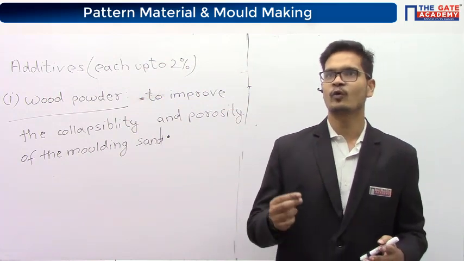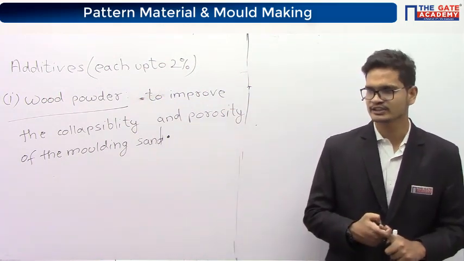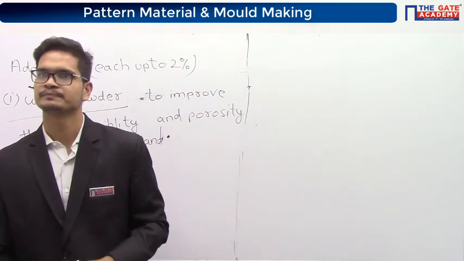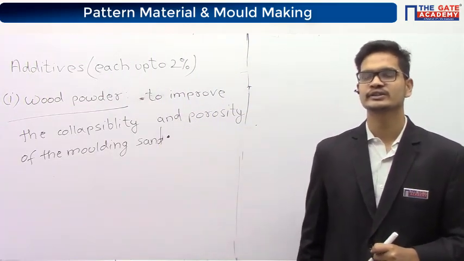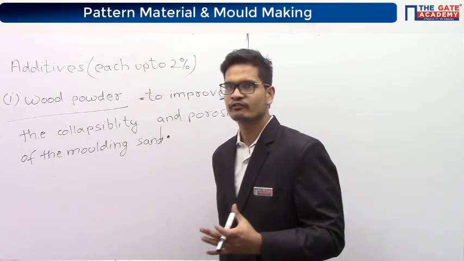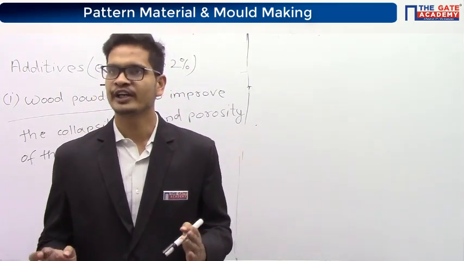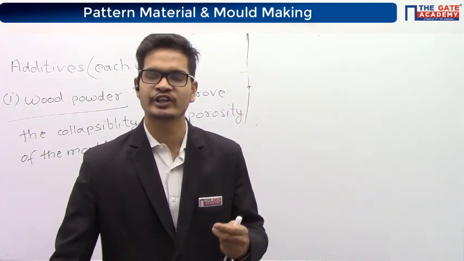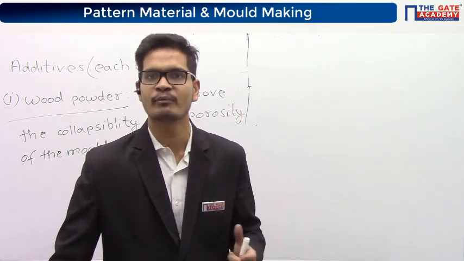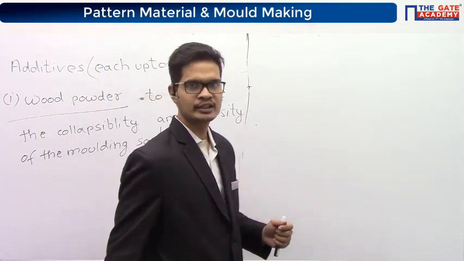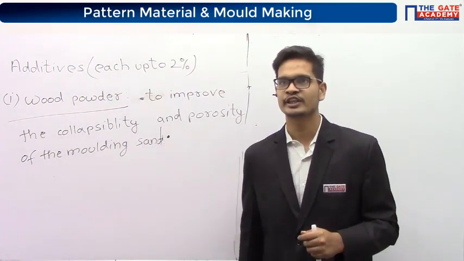These are generated only in a few cases. In which case is the thermal stress generated? Overall, you can say when the expansion or contraction is prevented. Whenever the free expansion or free contraction of a metal is prevented, in those cases thermal stresses are generated.